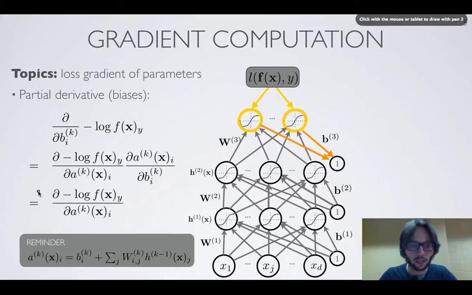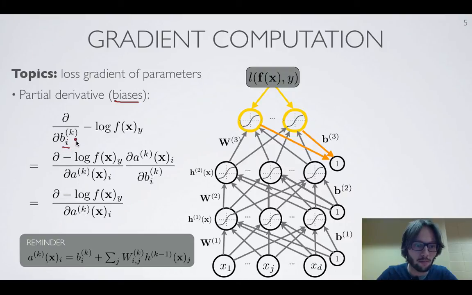And now we can look at the partial derivatives with respect to the biases. Again, the only pre-activation that depends on the ith bias for the hidden layer k is the pre-activation for hidden layer k looking at its ith hidden unit. So with the chain rule, we take that partial derivative times the partial derivative of that pre-activation for the ith hidden unit, hidden layer k, with respect to our parameter.